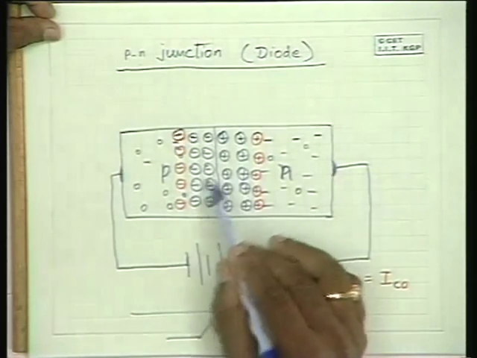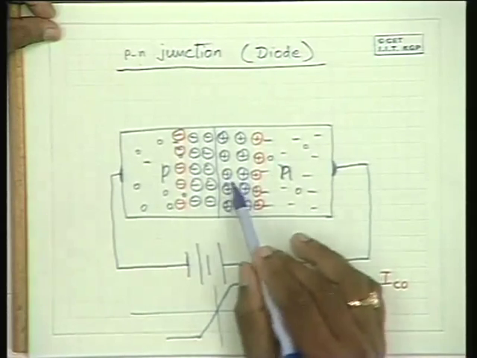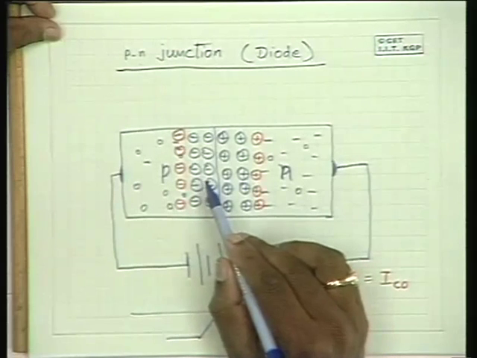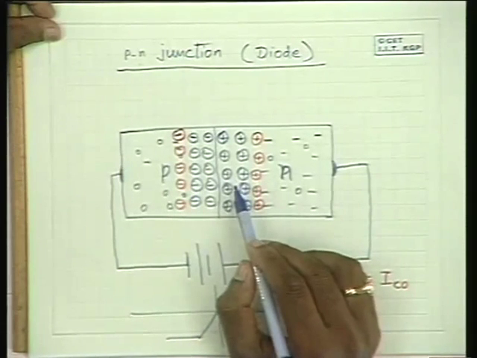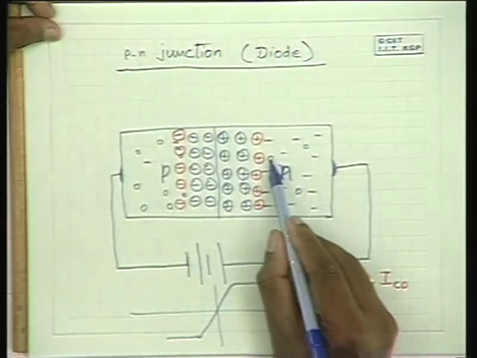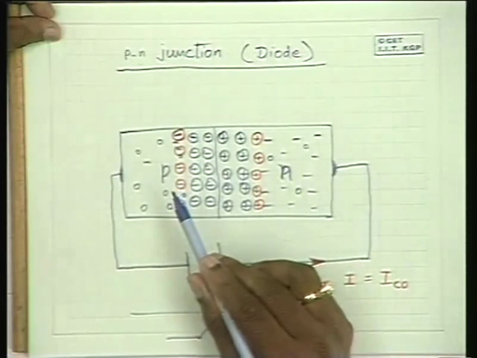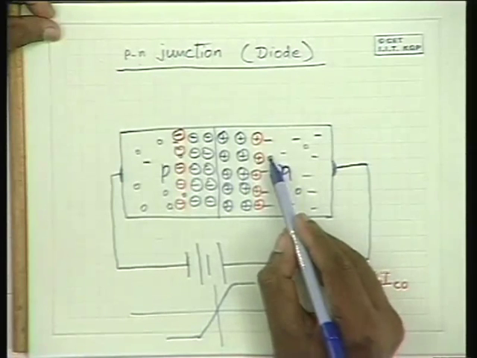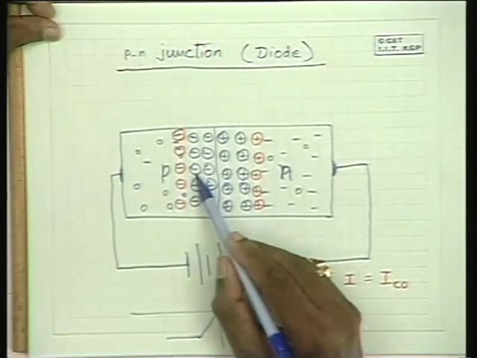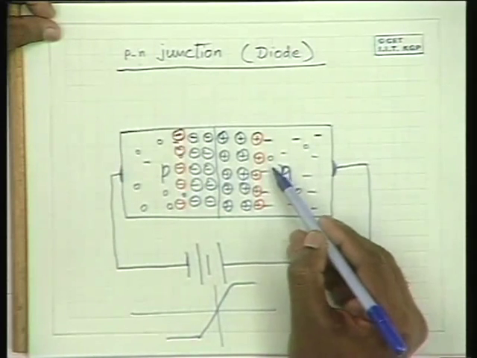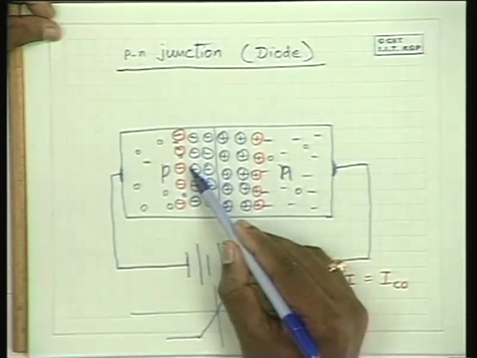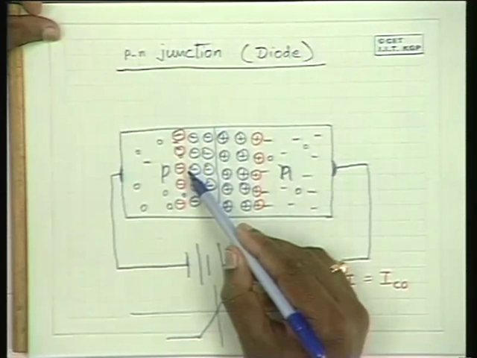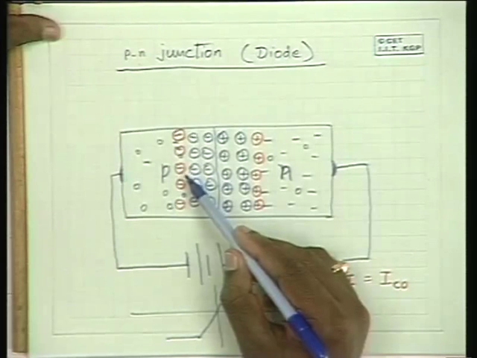Because of the charged particles, there is a high potential difference, and as a result a high field is present from the positive charge to the negative charge, and this field accelerates the minority carriers down the potential. So for instance this hole gets attracted by the negative charge over here, and they accelerate into the p side, and while doing so they bombard the atoms and break the covalent bonds.